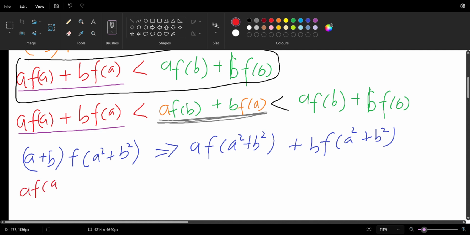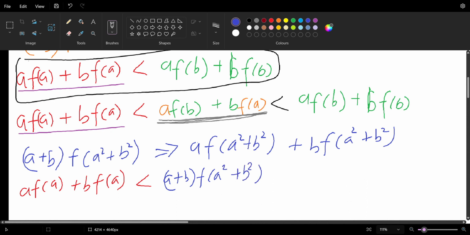So let me just write this. a f of a plus b f of b plus b f of a is less than the blue part now, a plus b times f of a squared plus b squared, then a f of b plus b f of b.